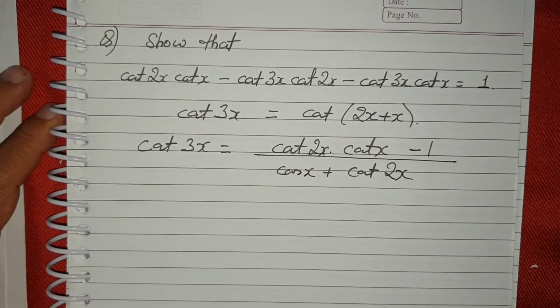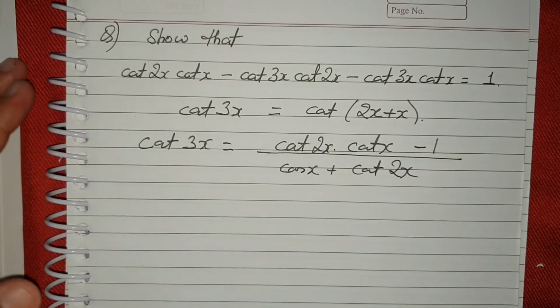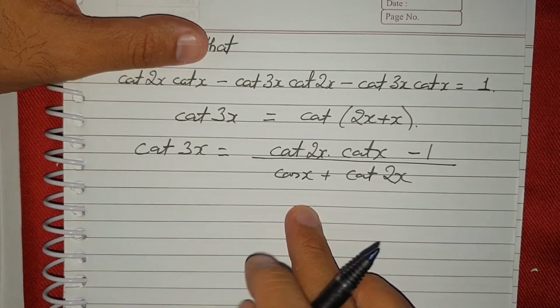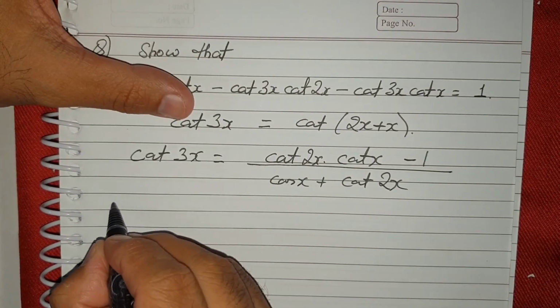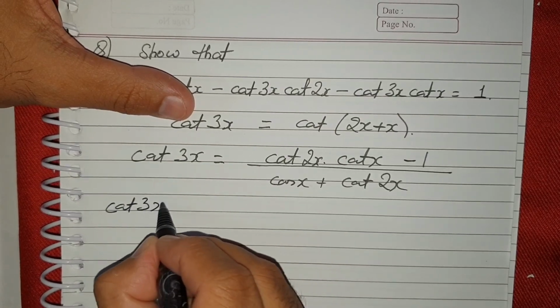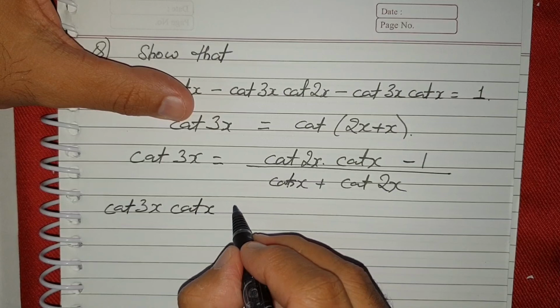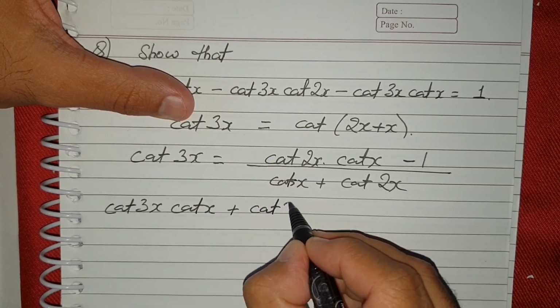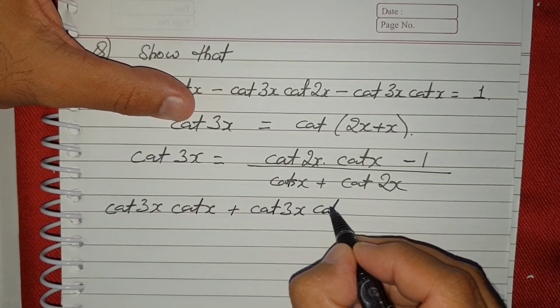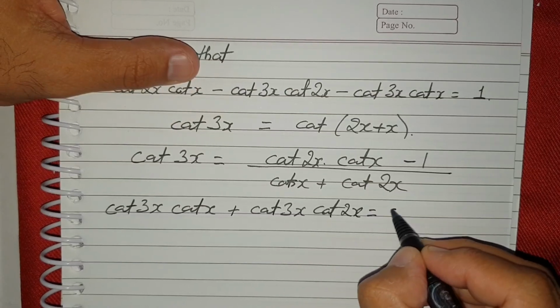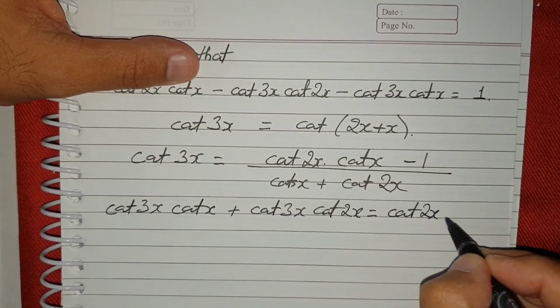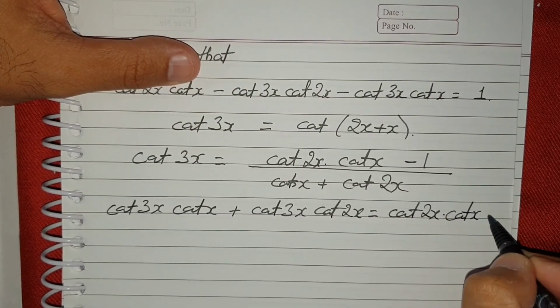Just cross multiply. So when you cross multiply, this will be cot 3x cot x plus cot 3x cot 2x equals cot 2x cot x minus 1.